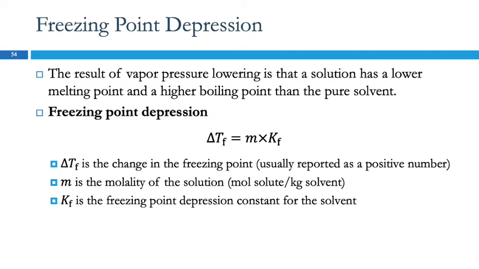So the change in freezing point, or freezing point depression, is equal to the molality of the solution times a factor. It's a freezing point depression constant, and that is for the solvent. They use molality here instead of molarity because we are talking about things happening at different temperatures. So we want a concentration unit that's going to stay the same.